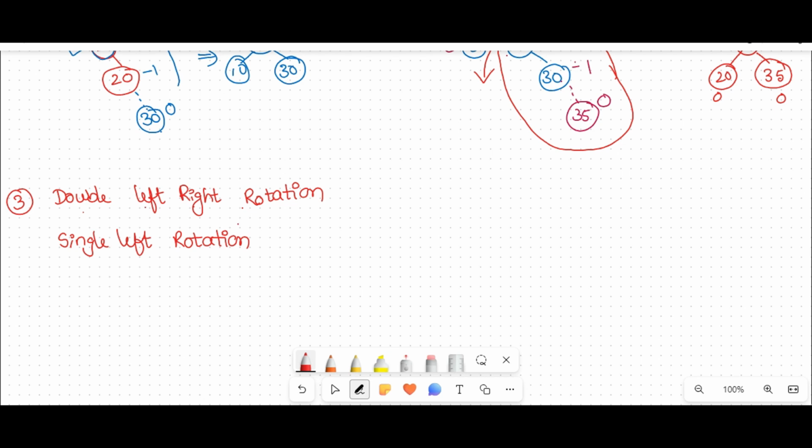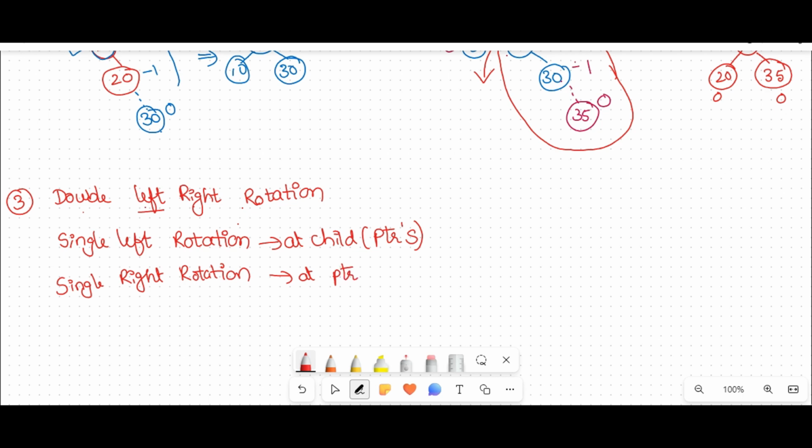Apply two single rotations, but how to apply is different. First, apply single left rotation at the child node. That means PTR's child. And then single right rotation at the node where the property has failed, at PTR.